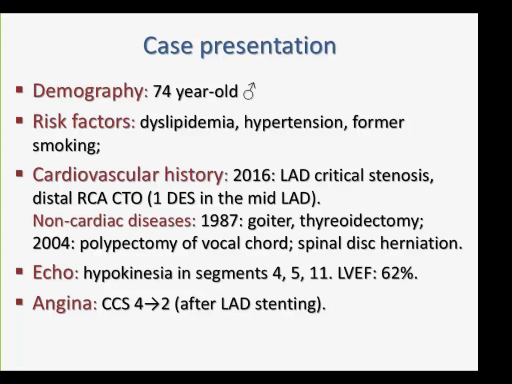The echo revealed viable inferior wall of the left ventricle with preserved left ventricular ejection fraction. After stenting the LAD, the resting angina disappeared, but still, before admission for the index procedure, the CTO revascularization, he still had effort angina, which limited the normal activity of his life.